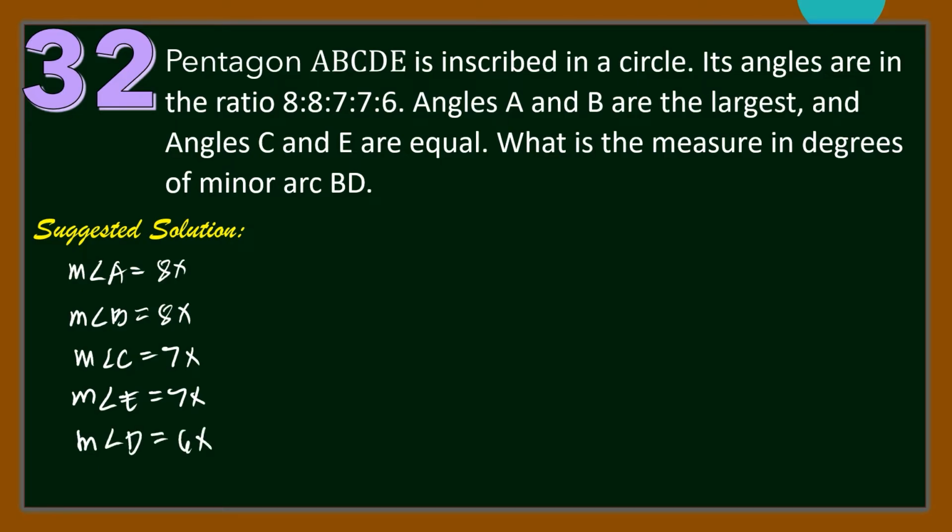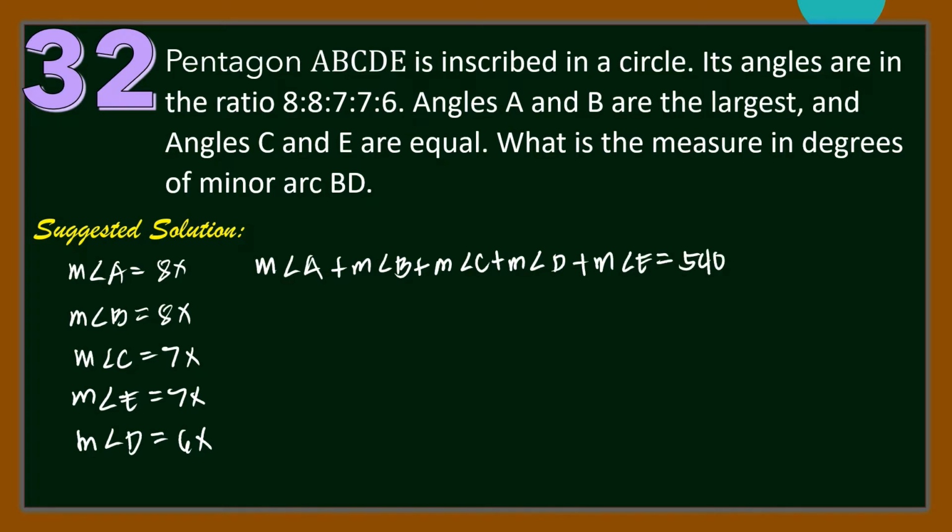Since the sum of the angles in a pentagon is 540, we have measure of angle A plus measure of angle B plus measure of angle C plus measure of angle D plus measure of angle E is equal to 540 degrees.